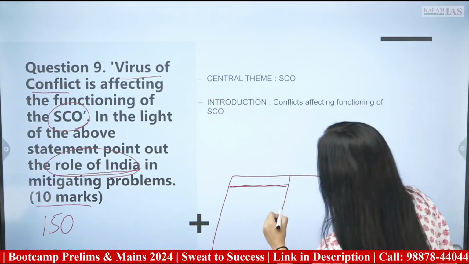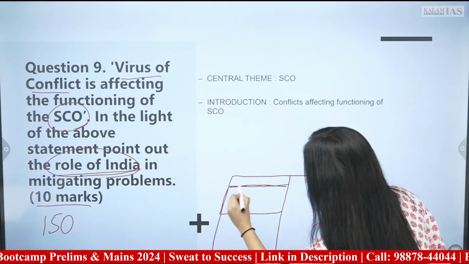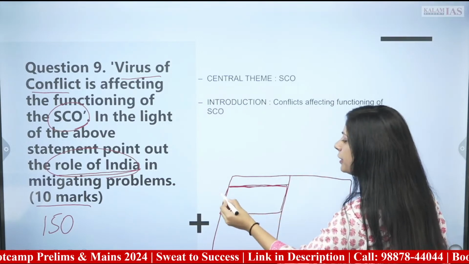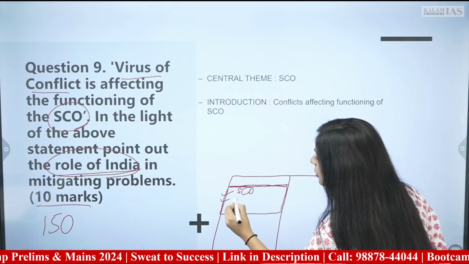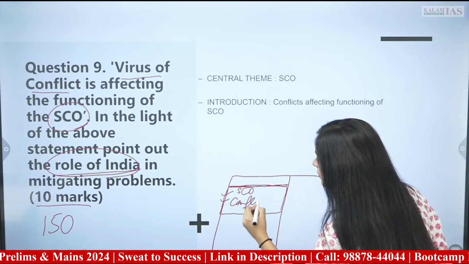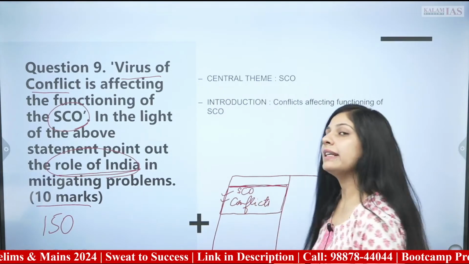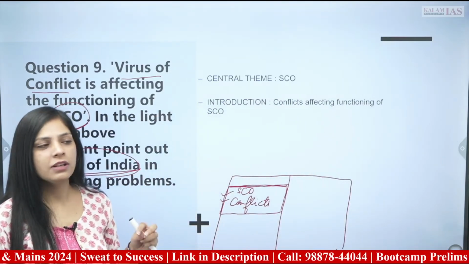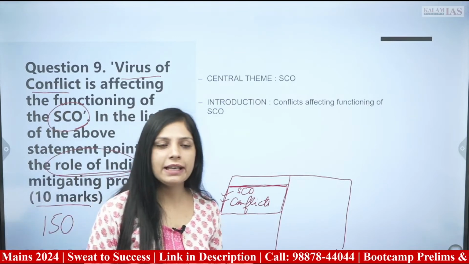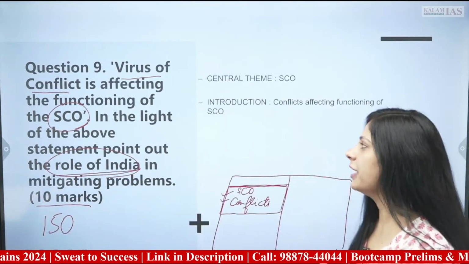So the introduction can come up till here, right? It would include SCO and it would include conflicts. For conflicts you can make a small diagram, a flowchart kind of thing, right? This would become the introduction for this answer.